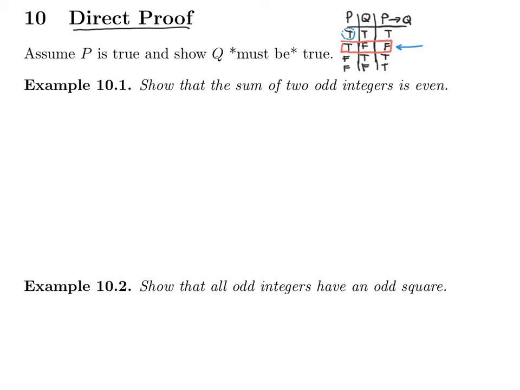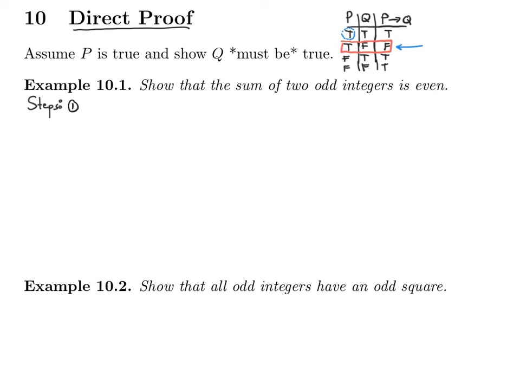And the steps for these direct proofs are basically the same. Let me write them down and then we can talk about the example. And I don't want to say steps as in if you follow these, you will easily do a proof. I mean, sometimes there are details you'll have to figure out. But this is the skeleton of direct proofs pretty much all of the time.